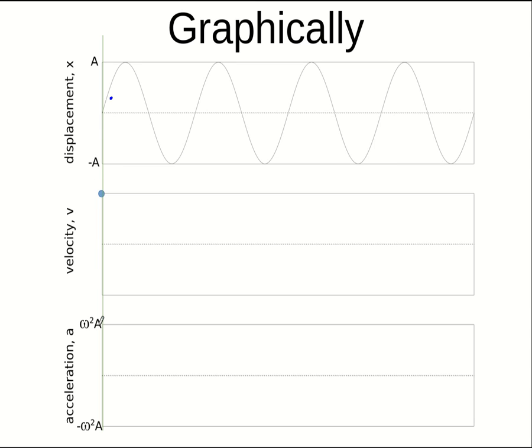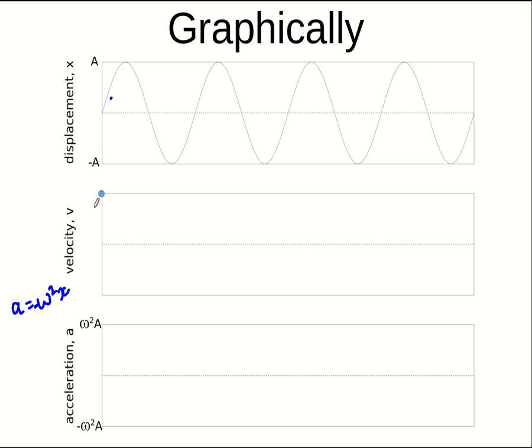And we also saw in the previous slide that the acceleration was equal to omega squared x, and the maximum displacement is the amplitude, so the maximum acceleration will be omega squared A, where A is the amplitude. I'll show you how to figure out the maximum velocities in another lesson.